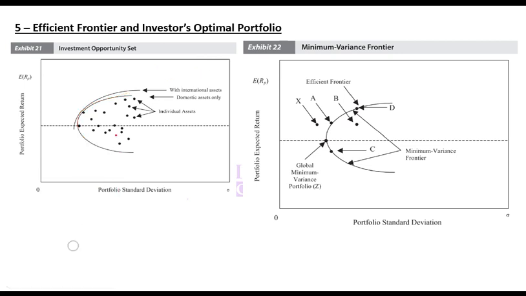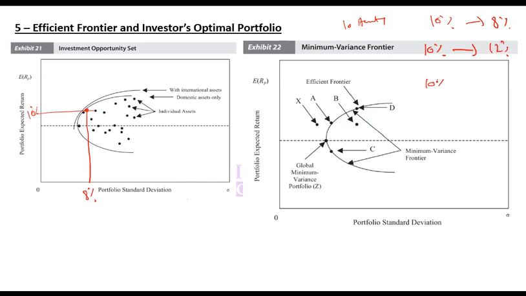Now when you are making this graph, maybe you get, let's say, 10% return for 8% risk. So maybe there are different assets available. Let's say there are 10 assets and you are allocating them with different proportions to arrive at a return and a risk. So maybe you make a combination which gives you 10% return with 8% risk. And maybe you make another combination which gives you again 10% return but at 12% risk.